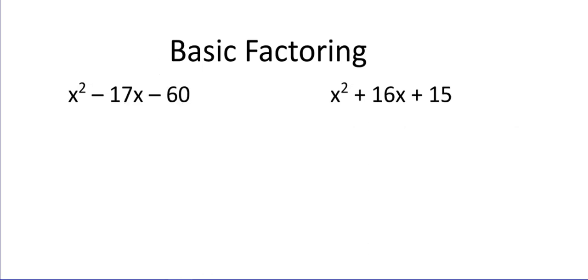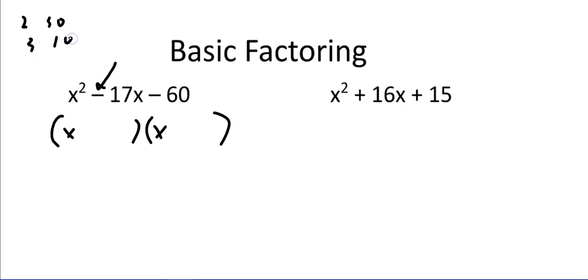All right, same concept here. We want two numbers that multiply to give me 60. All right, the larger number needs to be negative. And they need to differ by 17. All right, so if you need to write these down, you use a calculator or write them down. You got 2 times 30.